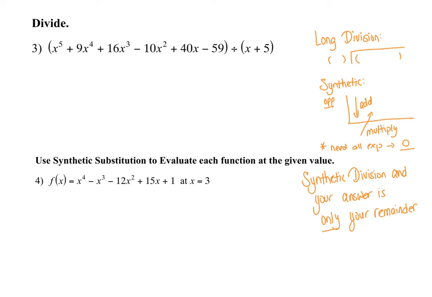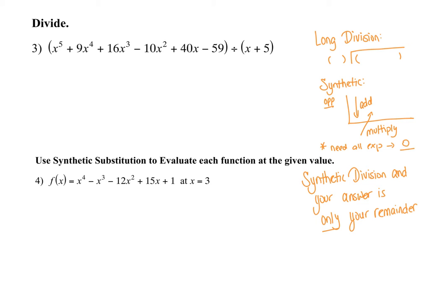So for example, I have 5, 4, 3, 2, 1, and 1 without. That's how it should be. If I were missing like this 10x squared and it went 5, 4, 3, it skipped a 2 and went straight to 1, I would need to put a 0 where 2 should be. Okay, and that's true for whether you do long division or synthetic, as well as the next one, synthetic substitution. Both of those require all your exponents from highest down.